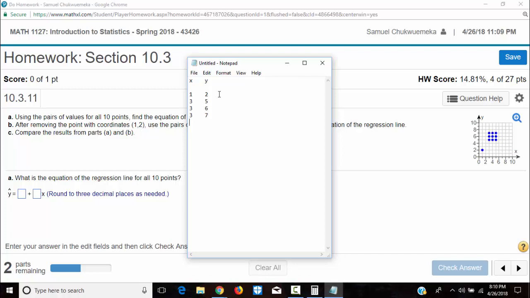Then when x is 4, y is 5. When x is 4 again, y is 6. When x is 4, y is 7. When x is 5, y is 5. When x is 5 again, y is 6. And when x is 5, y is 7.